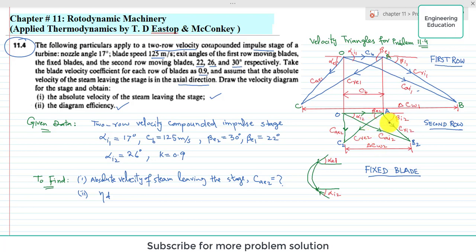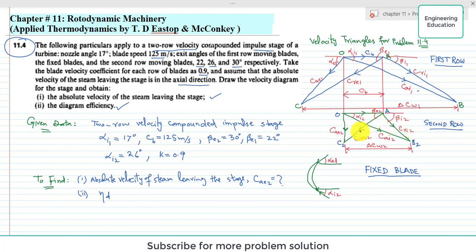Similarly, coming down to this second combination of triangles, these are the velocity triangles for the second row moving blades. So in this case, again we have some notations in which two subscript is used. For example, this is the velocity CAI2, which is the absolute velocity at inlet for stage 2, and CRI is the relative velocity at the inlet for stage 2.